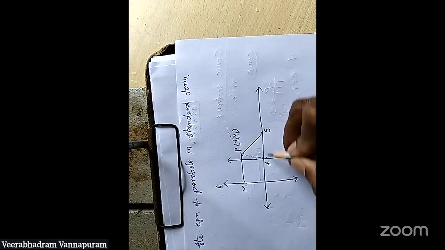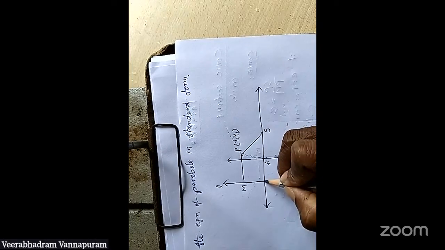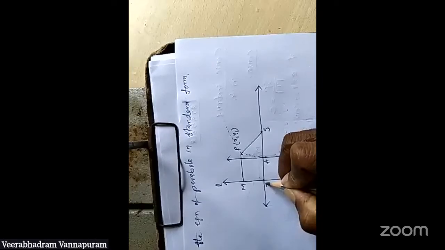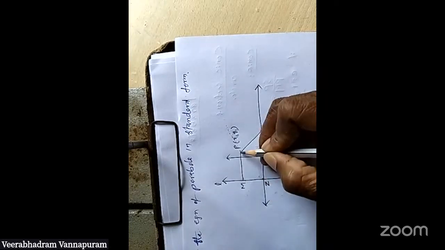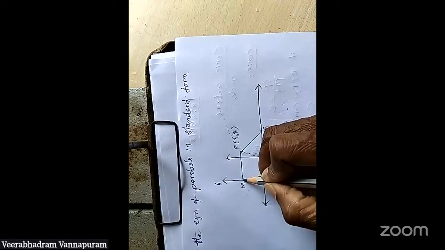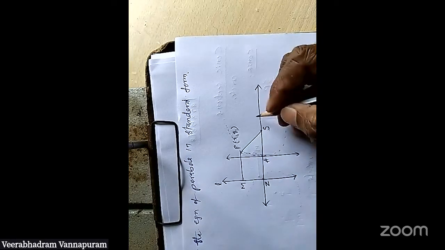Now here you have a point Z. This is the projection of S on Z, and M is the projection of P on the directrix.